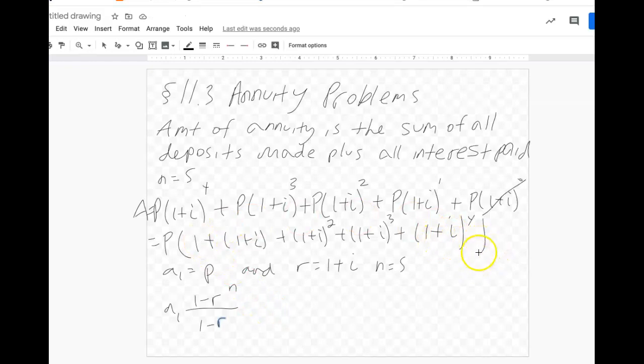So for n payment periods, the annuity will equal P times 1 minus (1 plus i) to the n over 1 minus (1 plus i), and the denominator becomes negative i.